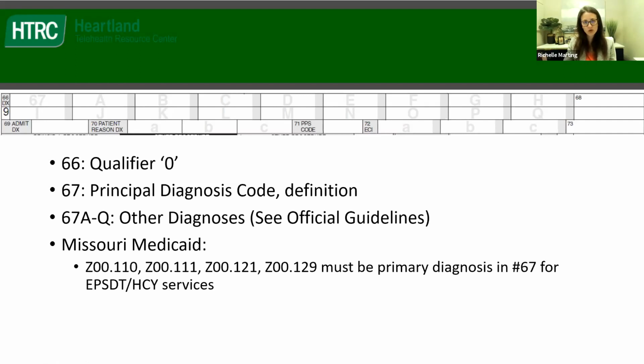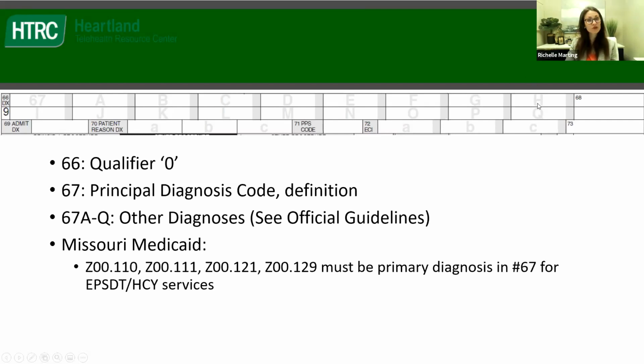And that's really important that you know and understand how the principal or first listed diagnosis is defined under official guidelines for coding and reporting. And for Missouri Medicaid, for example, if you are reporting the early periodic screening services, there are certain diagnosis codes that if they are reported on the claim, and if we are adding an EP modifier to the service as an early periodic screening service, one of these diagnosis codes has to be in field 67 for the claim to process correctly.